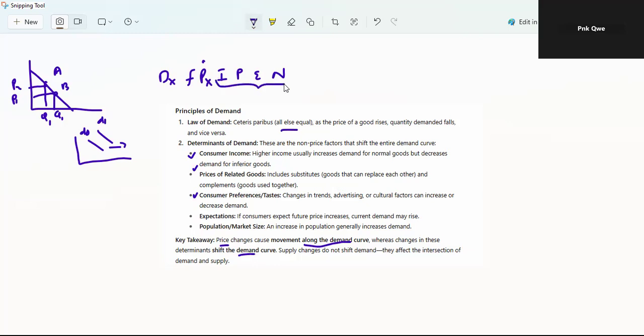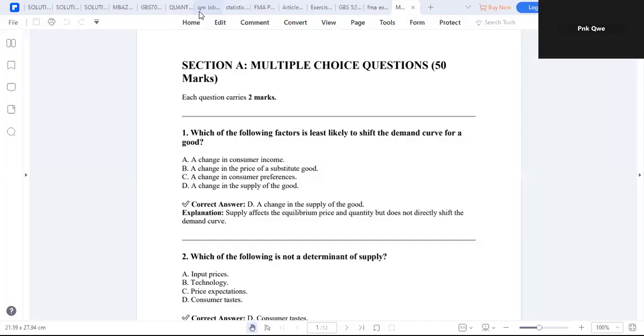So we go back to our question again, to now apply what we're talking about. Which of the following factors will least cause a shift in the curve? The answer is a change in supply of the good. Supply only affects the equilibrium price.